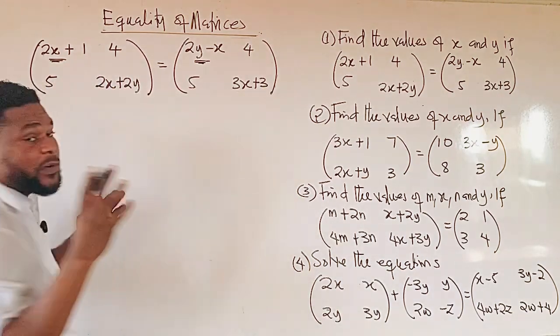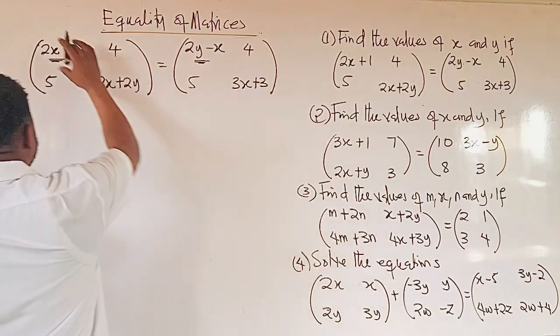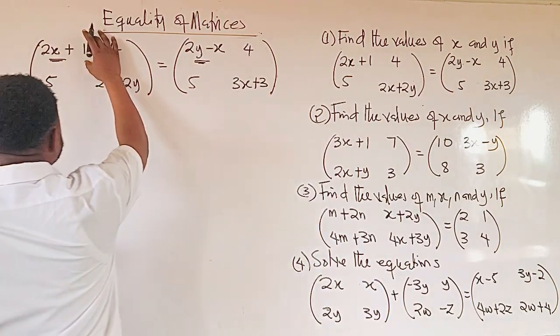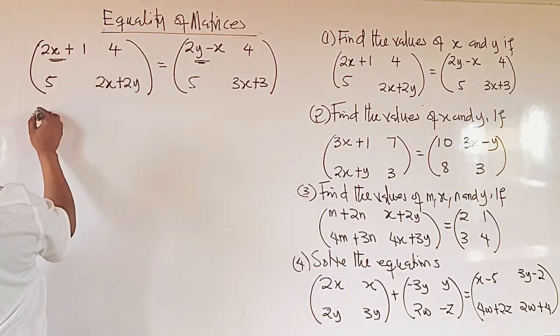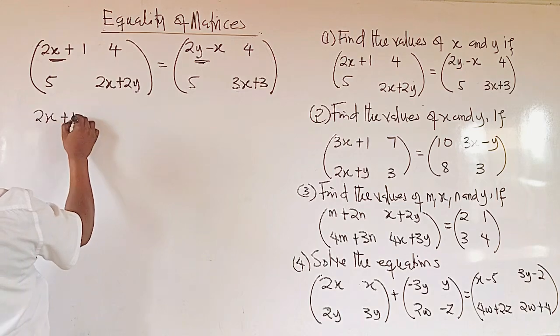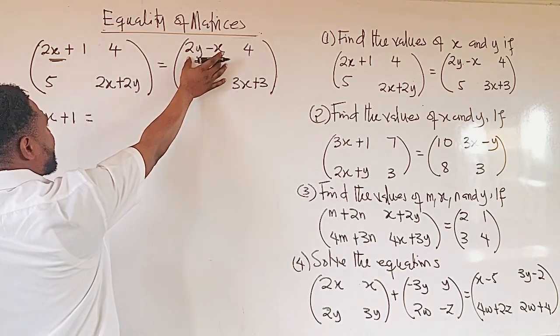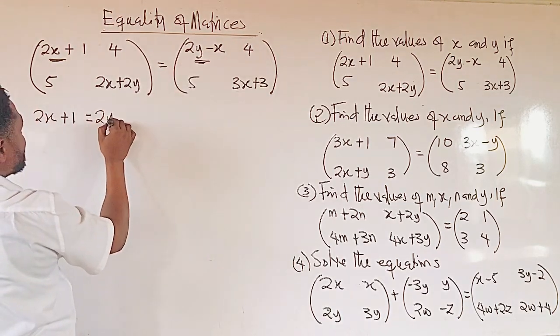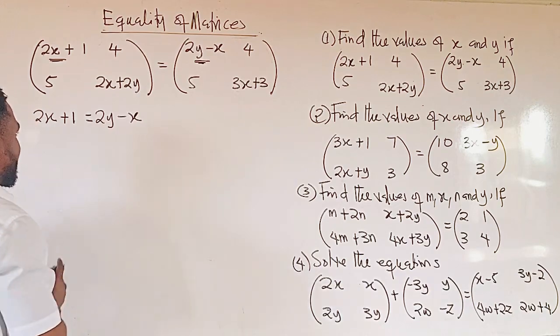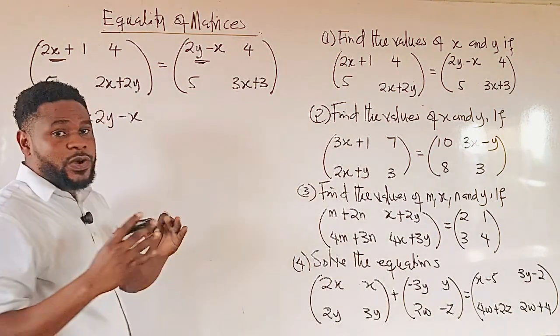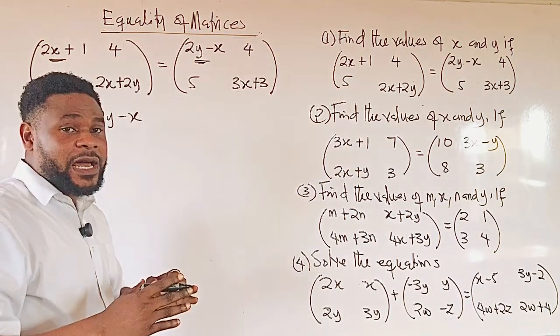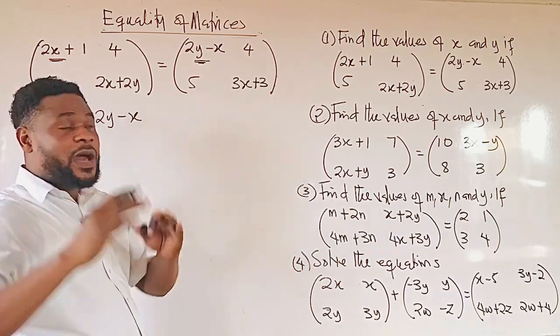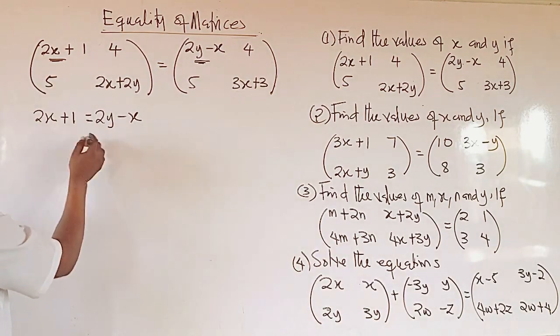Now we are looking for x and y. Therefore, we are going to pick our first element which has the x. So we have 2x plus 1, and it must be equal to the first element here, which is 2y minus x. At this level, we group all variables at one side, and those without variables at the other side of the equal to sign.